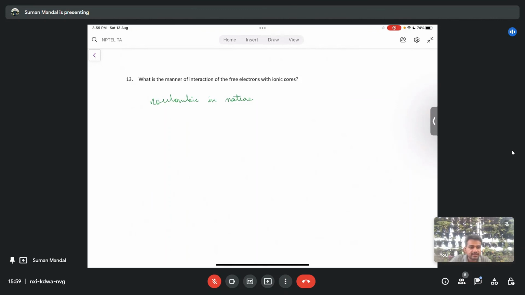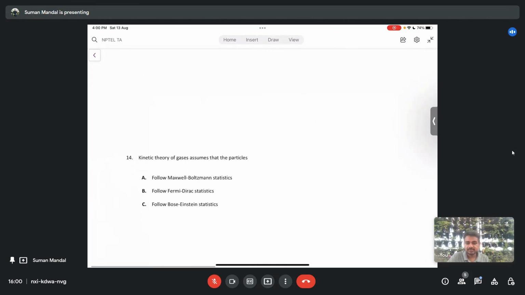You will see in the upcoming chapters, as well as in the upcoming assignments, how these electrons are located in the energy levels with respect to the reciprocal space. You'll be learning about all these terms in the upcoming lectures. So the interaction between electron and ion is strictly Coulombic in nature.